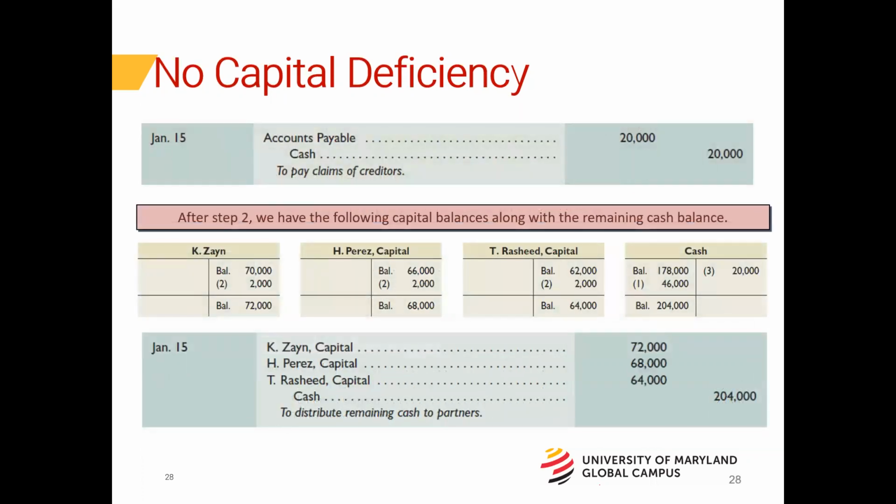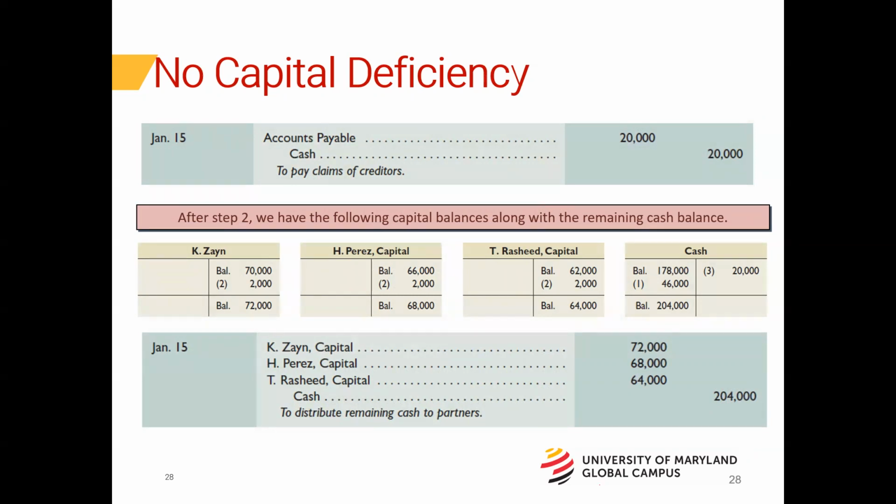The partners then need to agree to pay the liabilities. So they pay their accounts payable $20,000, reducing cash by $20,000. So we had an increase in cash from the land sale, then we had a decrease in cash from the payment of the accounts payable.